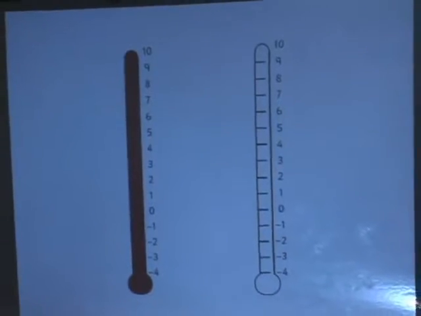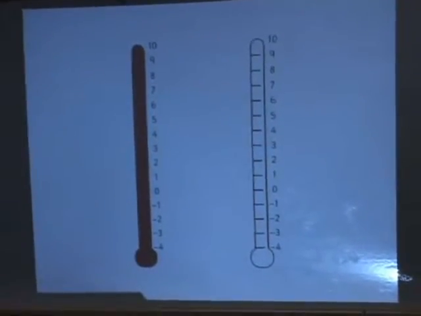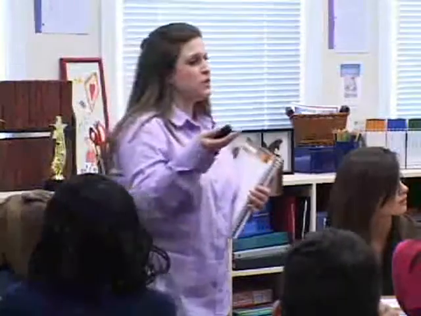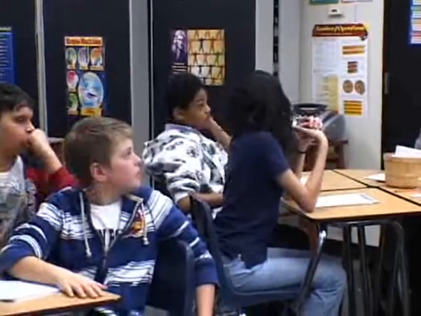And it can only go down so far before we have to start talking about negative integers. It has to drop below 0. So it can drop to 0, and then everything below 0 is negative.